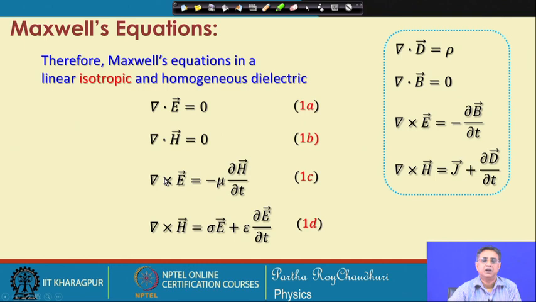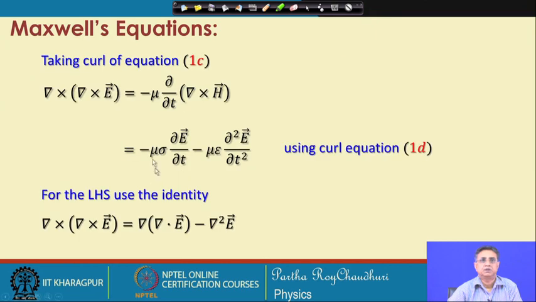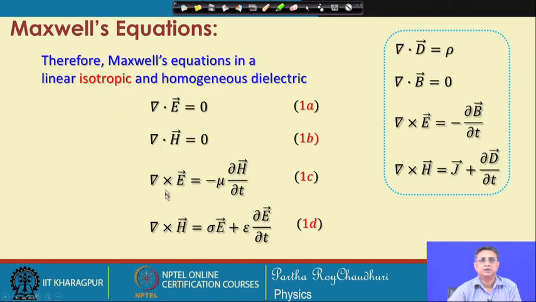Let us see how we organize these equations to arrive at the wave equation. Let us take the curl of this equation.